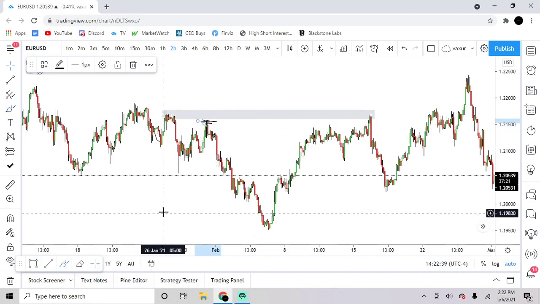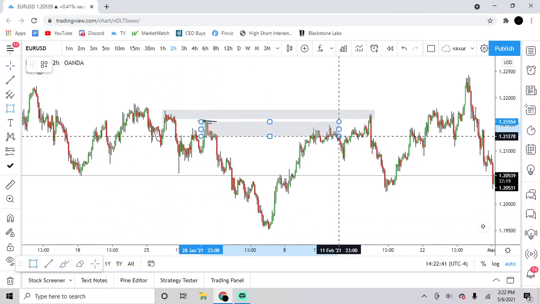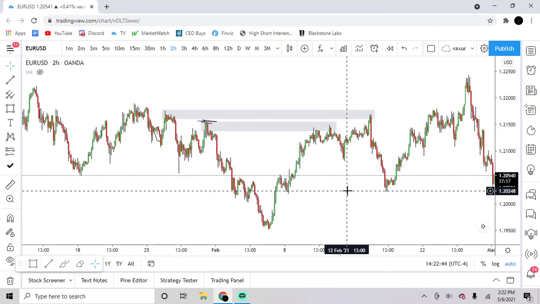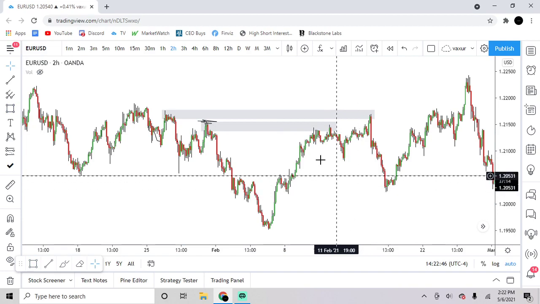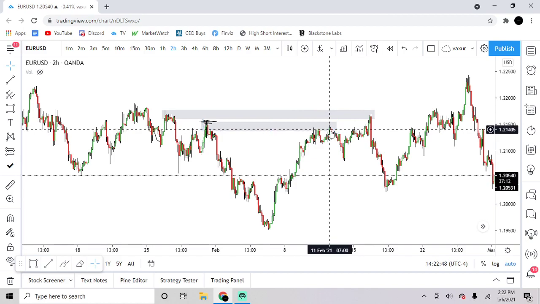There's liquidity resting below it, which induced it. And this is actually in my buy and sell model, which I'll be making a video on later. There's inducement right here, premature selling.